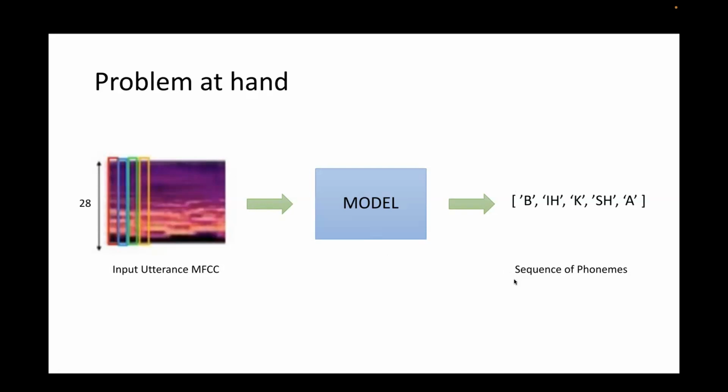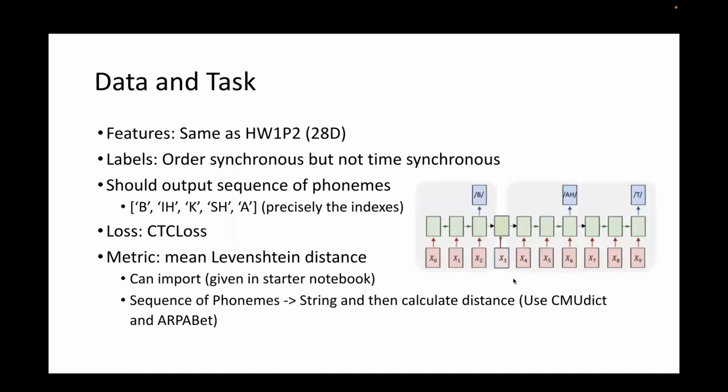Basically, it's similar to homework 1 part 2, wherein the input is the same, but the labels are different. In homework 1 part 2, labels were order synchronous as well as time synchronous, that is, at each timestamp you had the labels provided. But in this homework, you only have the order synchronous knowledge and not the time synchronous knowledge.